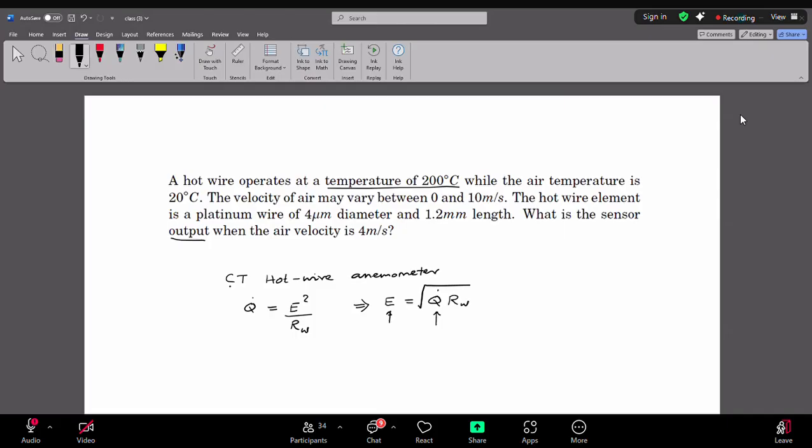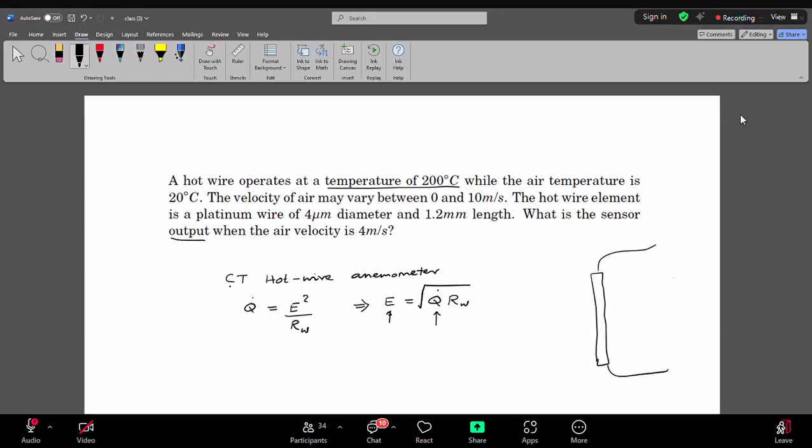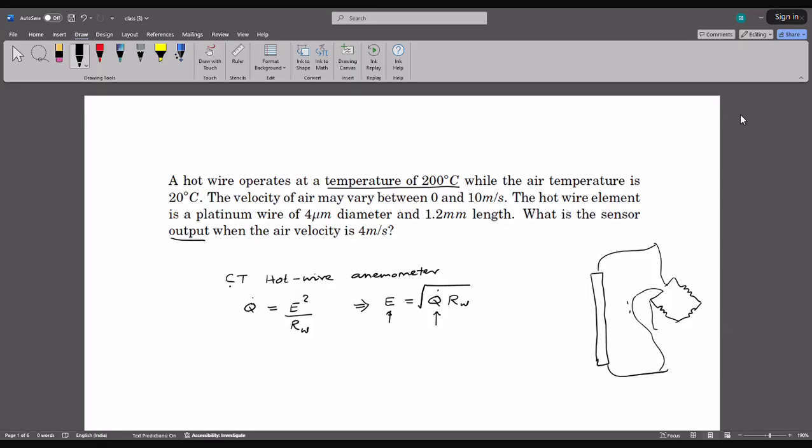Now to determine E, we need to determine the heat that is lost by the hot wire. The hot wire is, as we discussed, typically a cylindrical wire, and the ends are basically connected to a Wheatstone bridge.